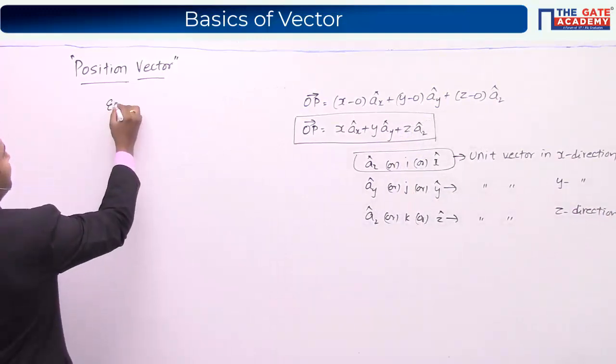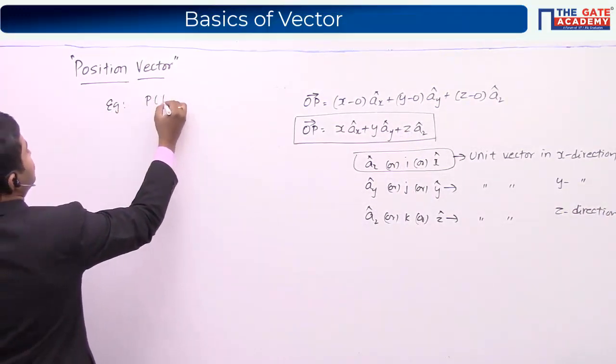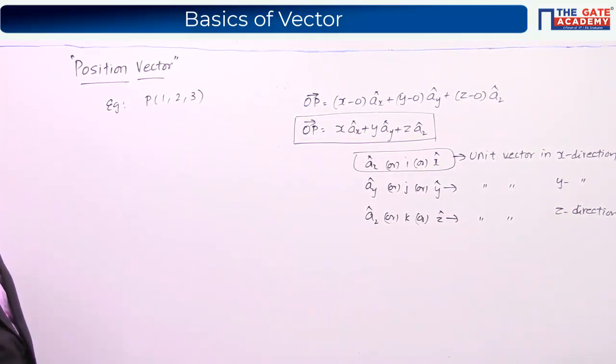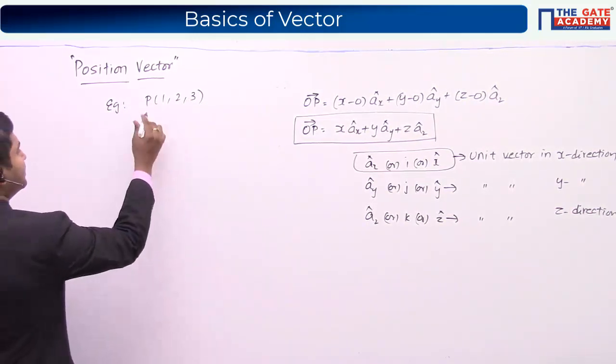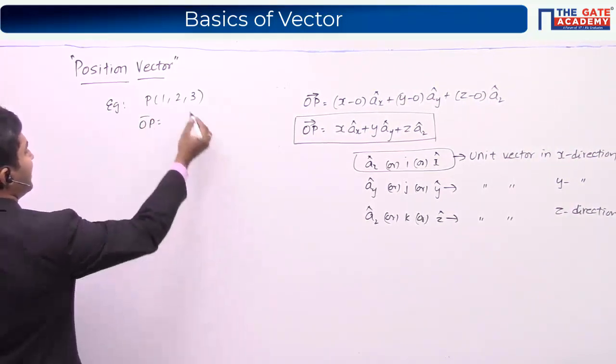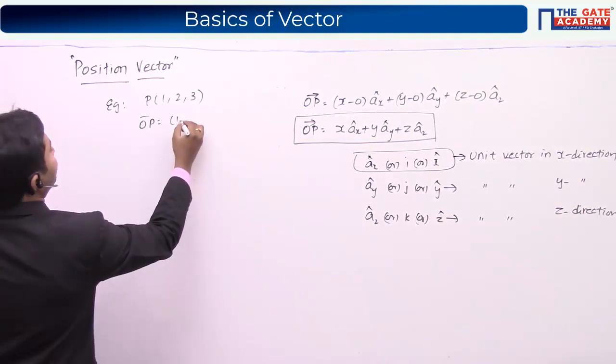If I consider a point, let us say the point is 1, 2, 3, then what is the position vector for this point? The position vector is OP bar given by 1, 2, 3.